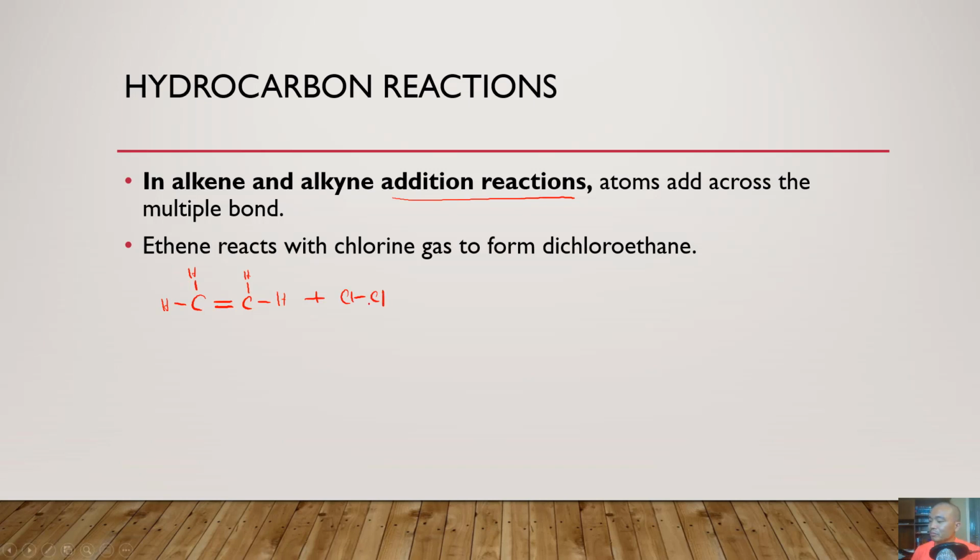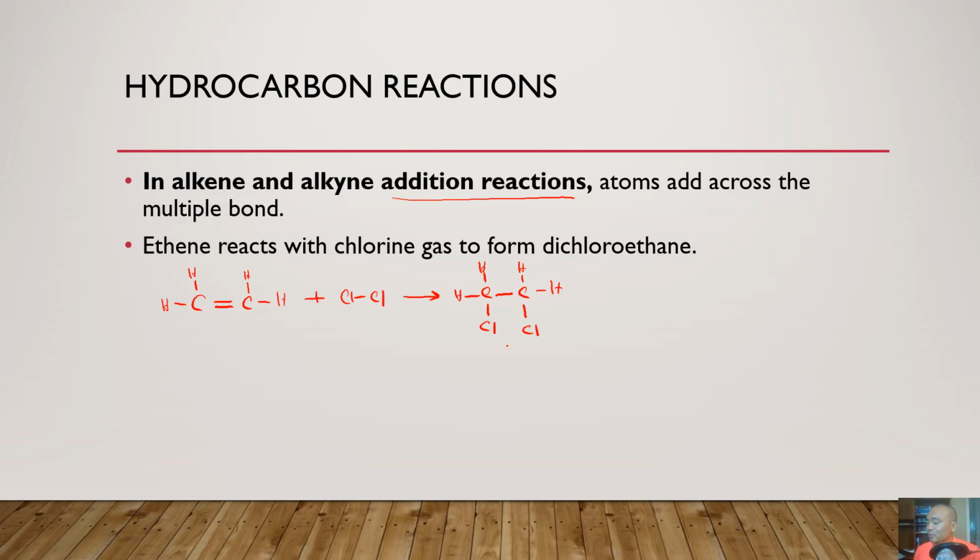So basically what's going to happen is, for this double bond, one of the bonds is broken. So it will become a single bond in between the two carbons. And then you will need more substituents to fill out the tetravalency, and this will be the chlorine.